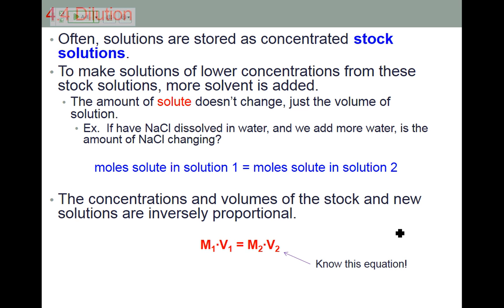If you know your molarity and how much volume you have of one, you can figure out how to make a solution of another concentration. So we just need to know 3 of these things, and then we can calculate the 4th. So again, the basis of this is the fact that our moles do not change.